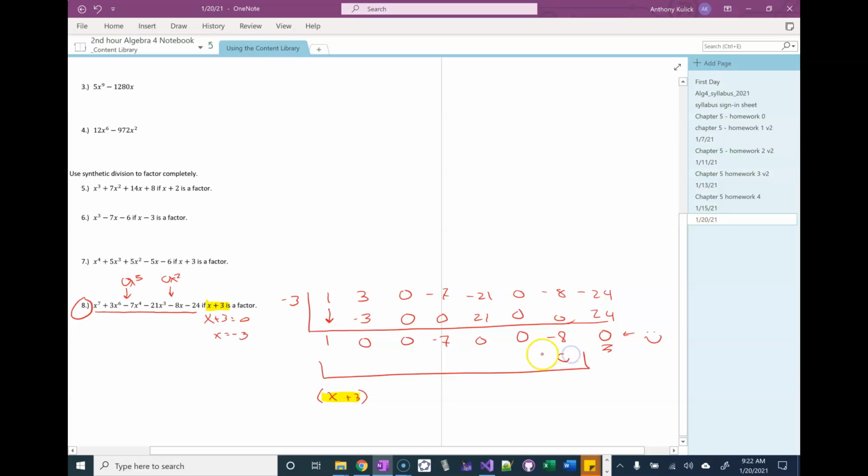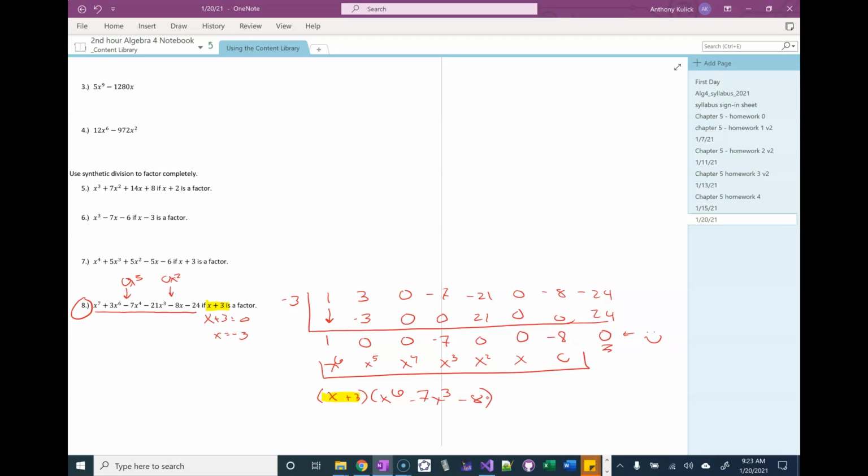So starting at the right, that's the constant term, my x coefficient, my x squared, my x cubed, x to the 4th, x to the 5th, and then the x to the 6th coefficient. So my other factor is x to the 6th minus 7x to the 3rd minus 8. I didn't bother to write in all the zeros there, for obvious reasons, right?